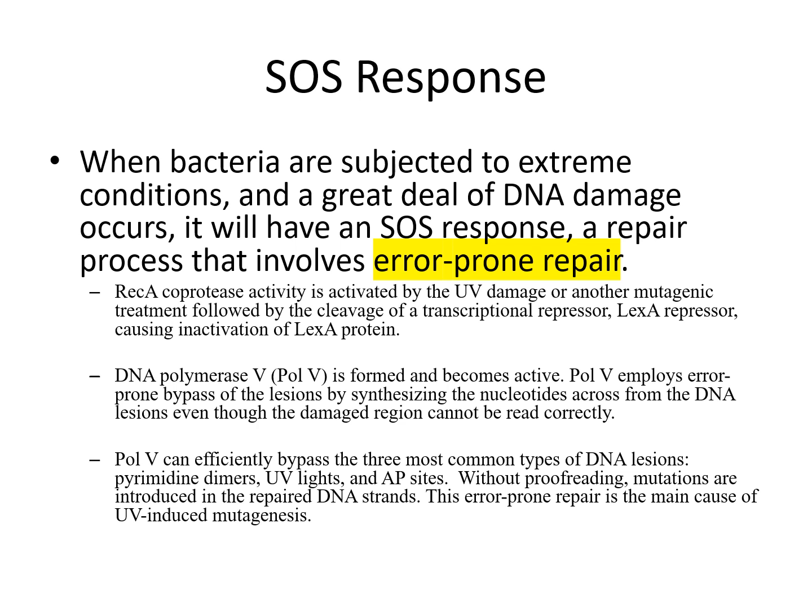Then the DNA polymerase employs the error-prone bypass of the region by synthesizing the nucleotide across from the DNA region, even though the damaged region cannot be read correctly. The polymerase can efficiently bypass three most common types of DNA lesion, for example, like pyrimidine dimer, UV light, and the AP site.